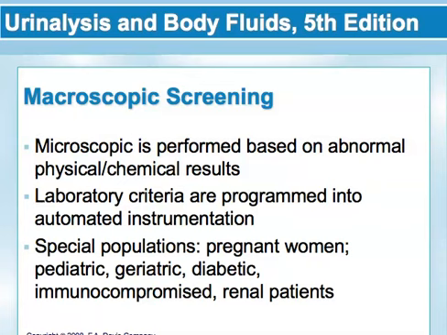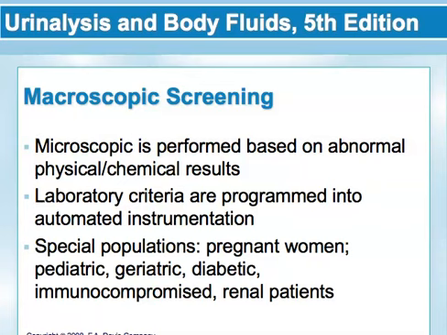Okay, so macroscopic screening criteria are going to be set up by the individual lab based on certain results obtained from the physical or chemical analysis to determine if a microscopic exam needs to be performed. So there are also certain patient populations that might warrant a microscopic, and that can be determined by the lab.